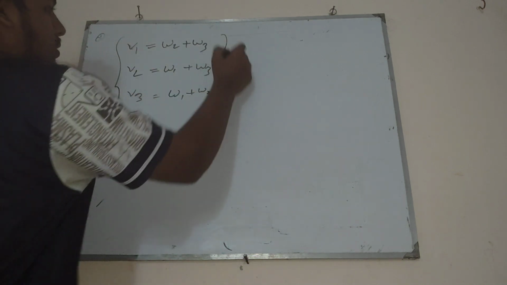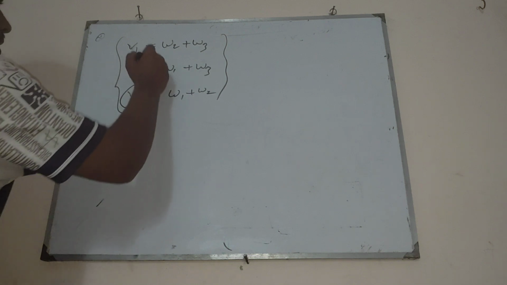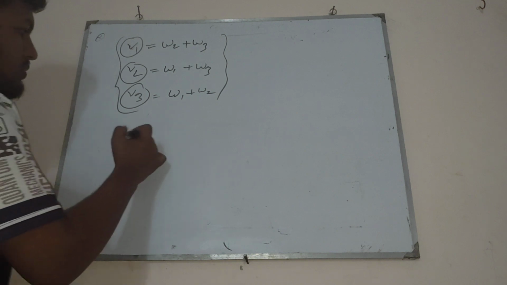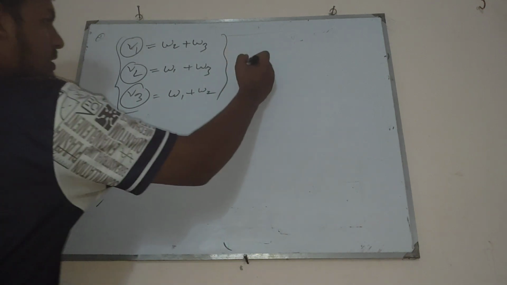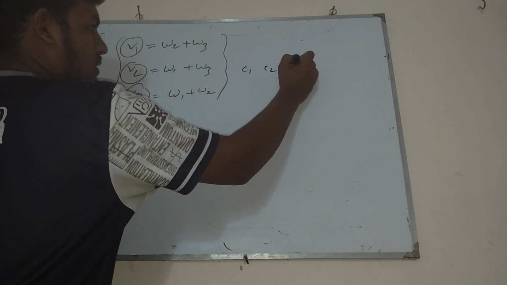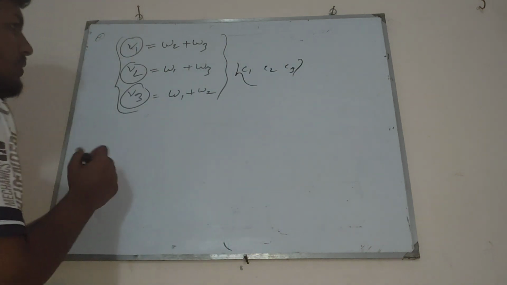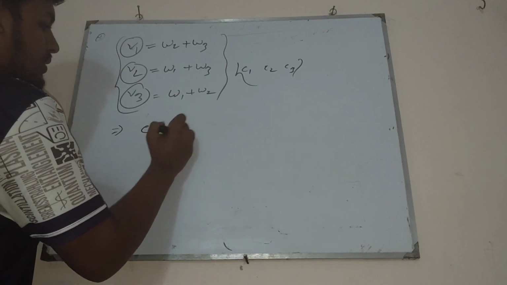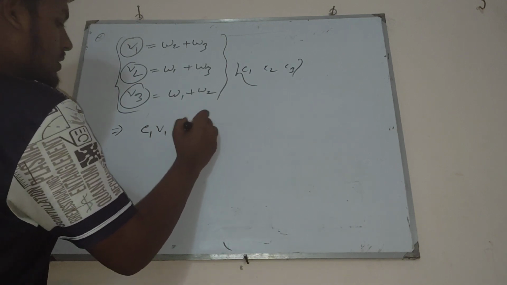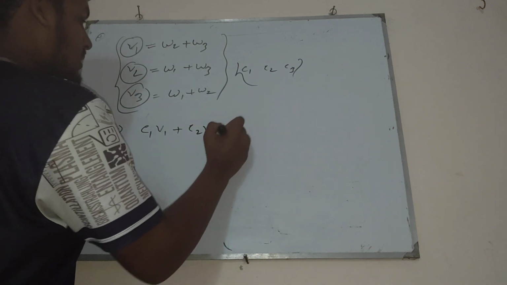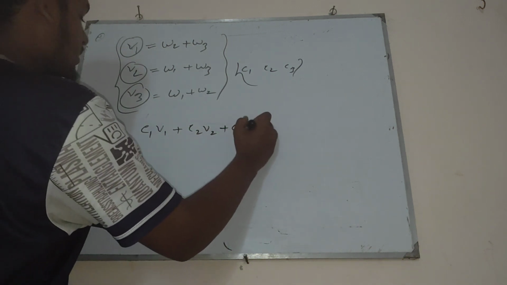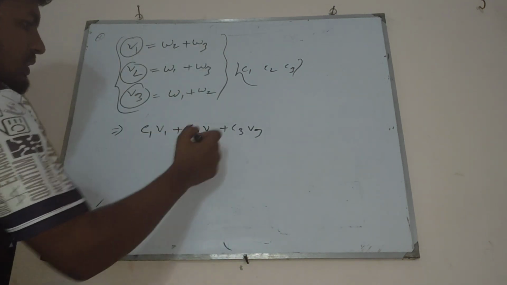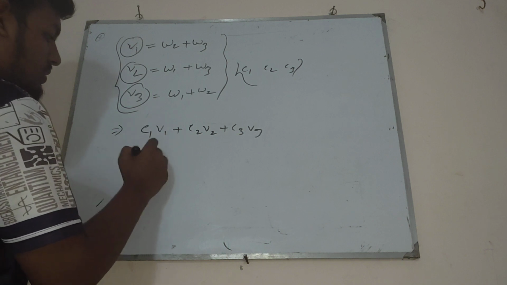Now we will write these three vectors as a linear combination. So we consider three constants, c1, c2, c3. Then we can write it as c1 v1 plus c2 v2 plus c3 v3.